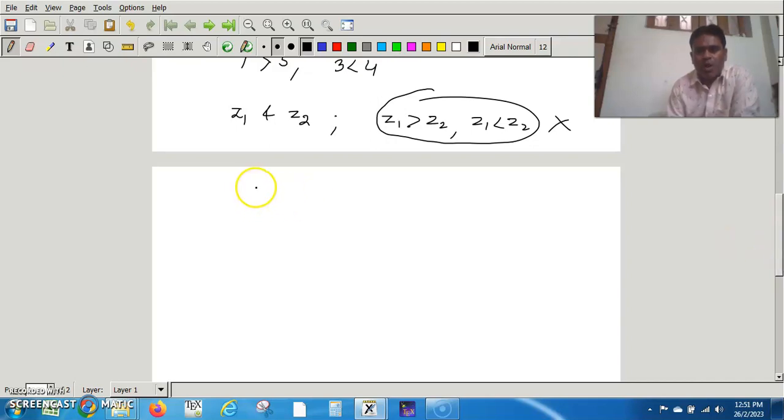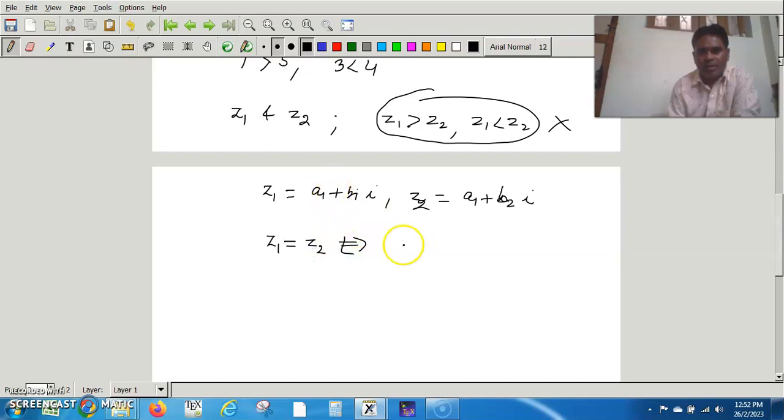But if two complex numbers are given, suppose Z1 is equal to A1 plus B1 i and Z2 is equal to A2 plus B2 i, then these two complex numbers will be equal to each other if and only if the real part of Z1 is equal to the real part of Z2 and the imaginary part of Z1 is equal to the imaginary part of Z2.